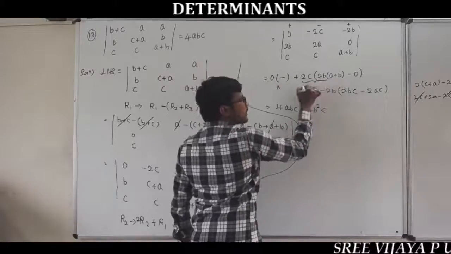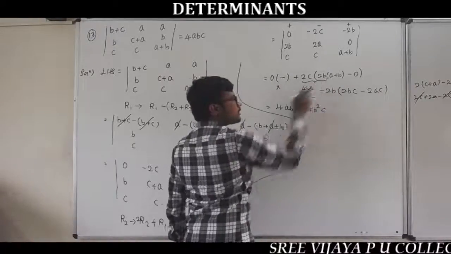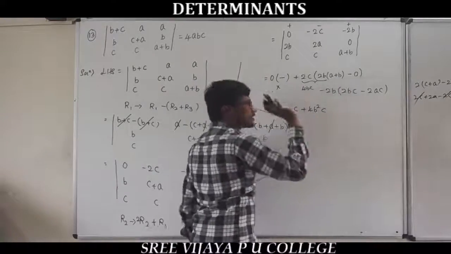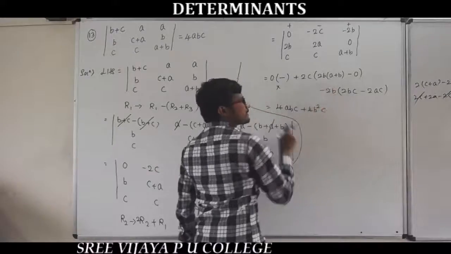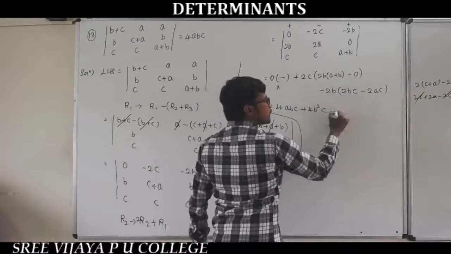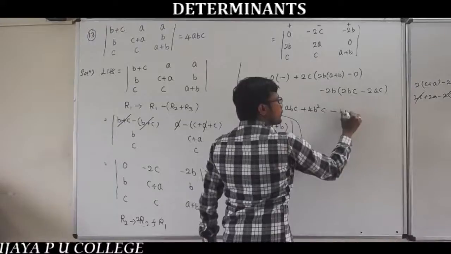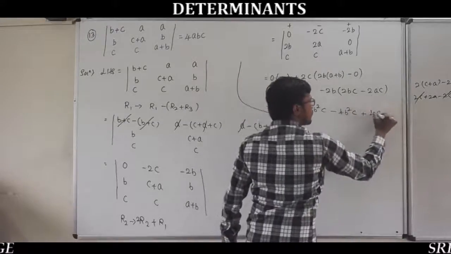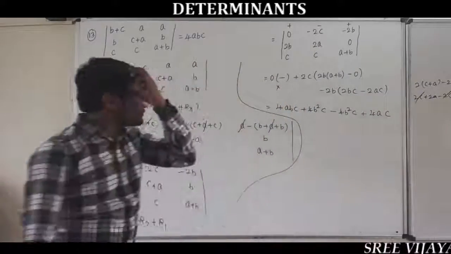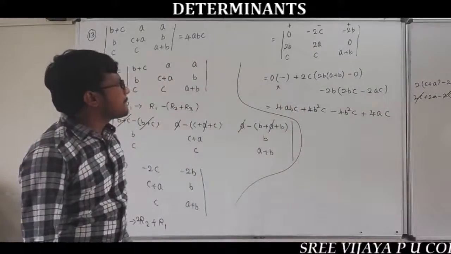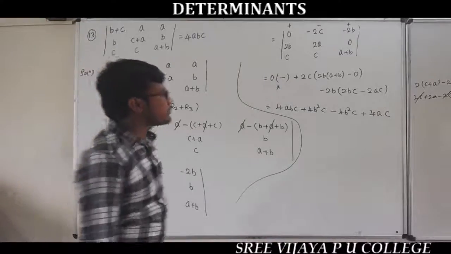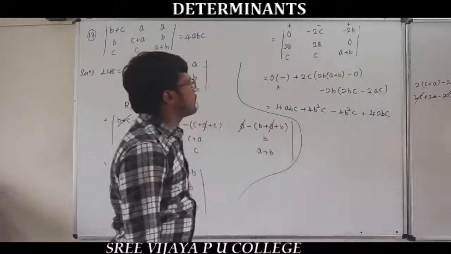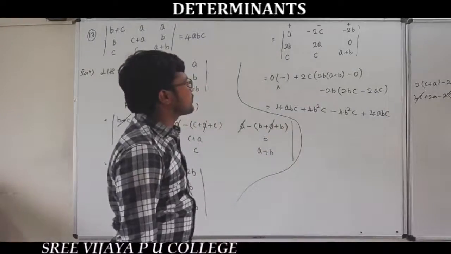Only this is 4BC. 4BC into A, 4ABC; 4BC into B, 4B square C. Next, this is 0 into 1, 0, so let us leave it. Okay? Next, minus 2B into B, minus into plus, minus. 2B into 2B, how much? 4B square C. Minus into minus is plus, 2B into 2A, how much? 4 times AC. So 2 into 4 times ABC. So 0, first row, first column.